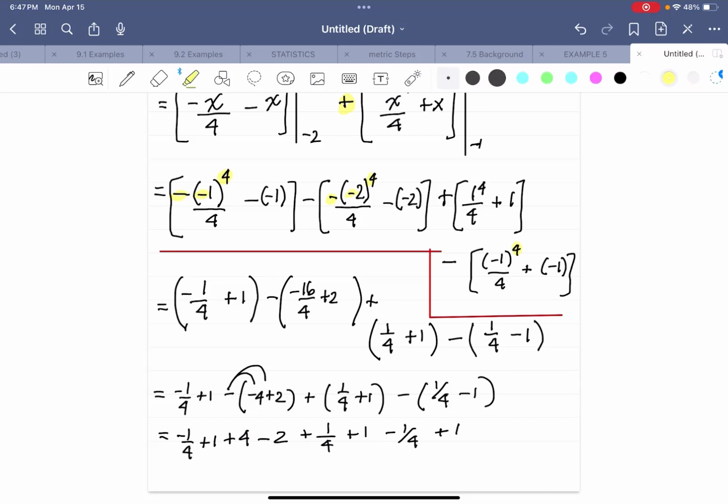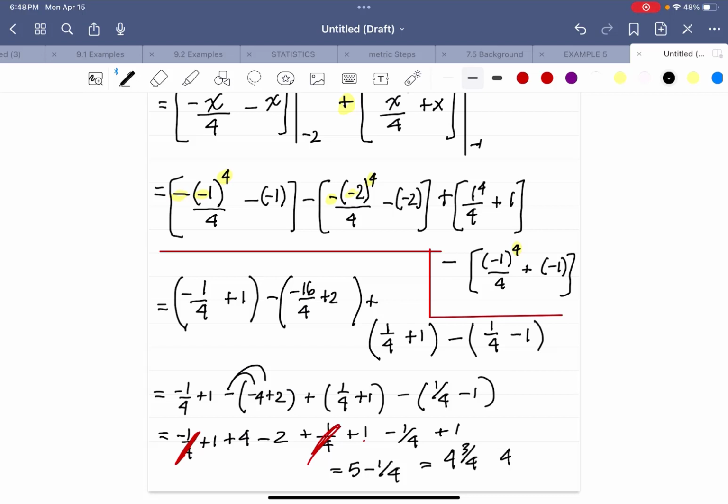So I see a few things will cancel out, might save me a little bit of time. I see a negative 1/4 and a positive 1/4. I see, let's see, 5 minus 2 is 3, plus 1 is 4, plus 1 is 5, so that's going to be 5 minus 1/4. So that's going to be 4 3/4.